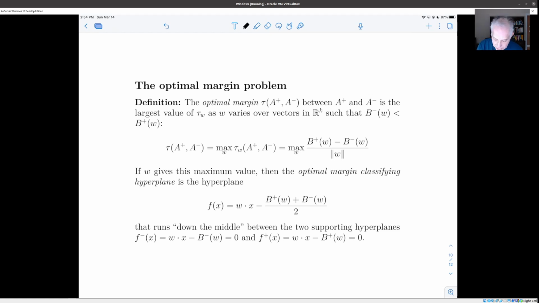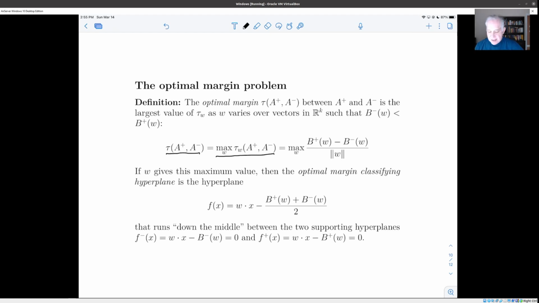And so we define the optimum margin, tau of A plus and A minus, where A plus are the plus points and A minus are the minus points, to be the largest geometric margin as W, the vector which gives the normal to the hyperplane, or the direction, varies. And if you can find that optimum, the biggest possible margin, then you take the hyperplane in the midpoint of that margin, and that's your classifying hyperplane.